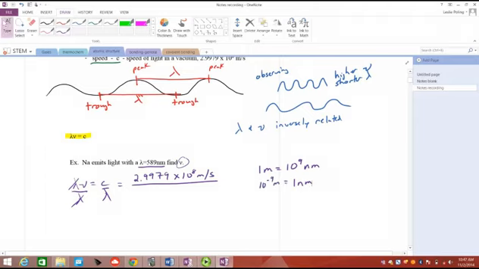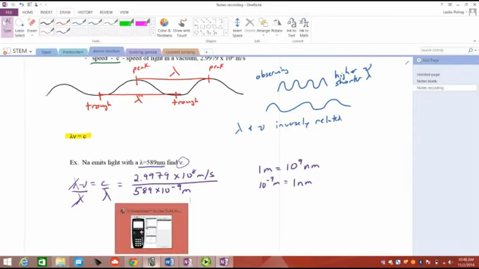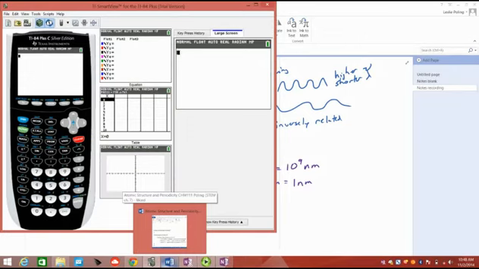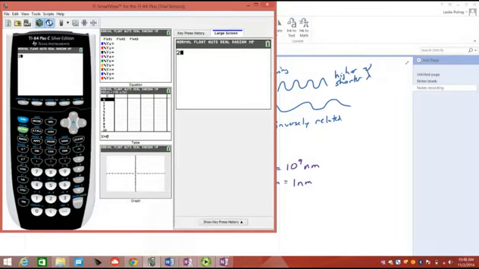So make it easy on yourself. Don't worry about proper scientific notation because you're going to be plugging it into a calculator. And all you have to do to convert nanometers to meters is tack on times 10 to the minus 9. So you're going to have to remember how to do scientific notation in your calculator. So 2.9979.